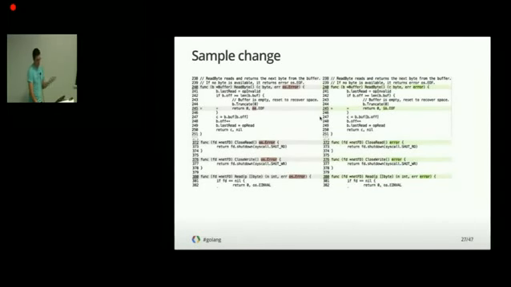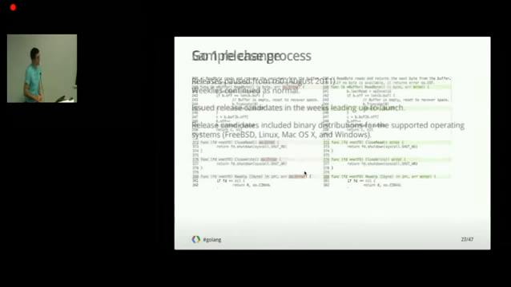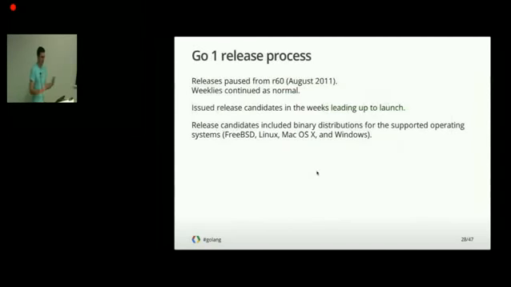And not only that, there were built-in error values like EOF. So whenever a read ends, you detect an EOF or you compare it against EOF. And that moved from the OS package to the more appropriate place, which was the IO package. And doing all those rewrites with GoFix was much easier than trying to do it with SED, for example. Or even, it wouldn't have been possible with SED in some cases.